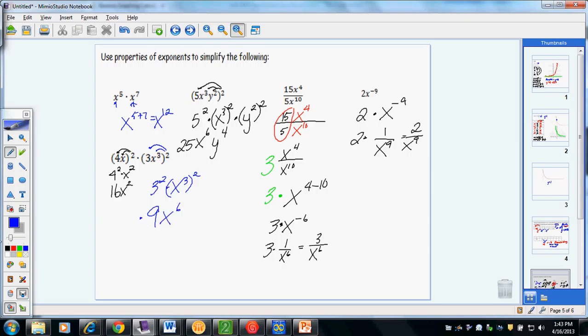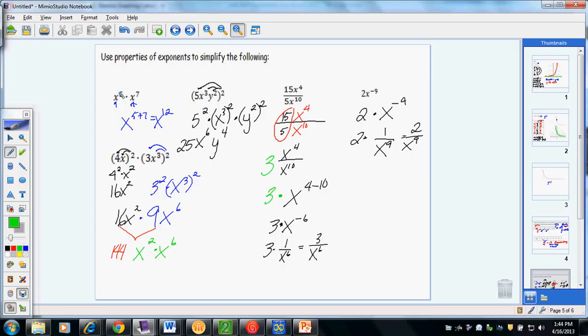But again, we have to remember we're multiplying this by 16x squared. So I'm going to multiply my constants, 16 times 9, which is going to be 144. Then we're left with x to the 2nd times x to the 6th.